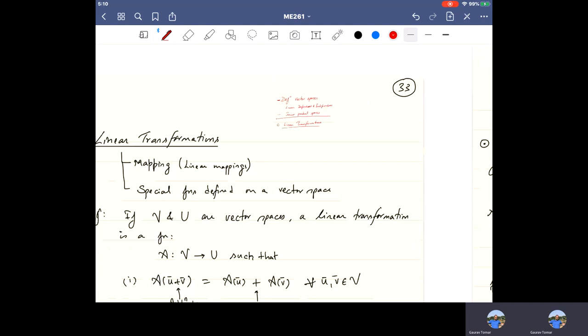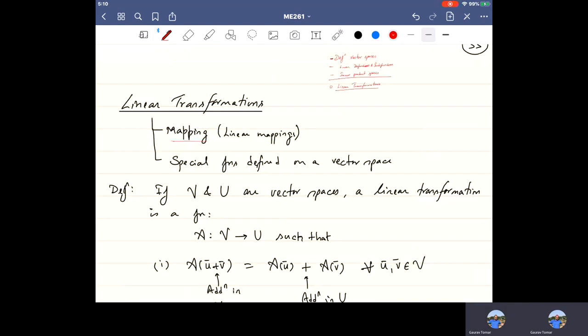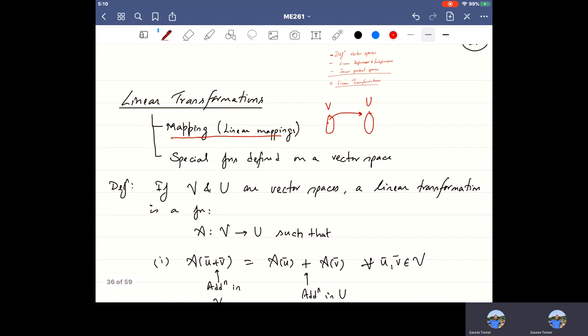Linear transformations are essentially mappings. They are linear mappings. They map one vector space, let's say V, to another vector space, let's say U. So that's what they do. They are linear mappings, okay, in a spatial way.